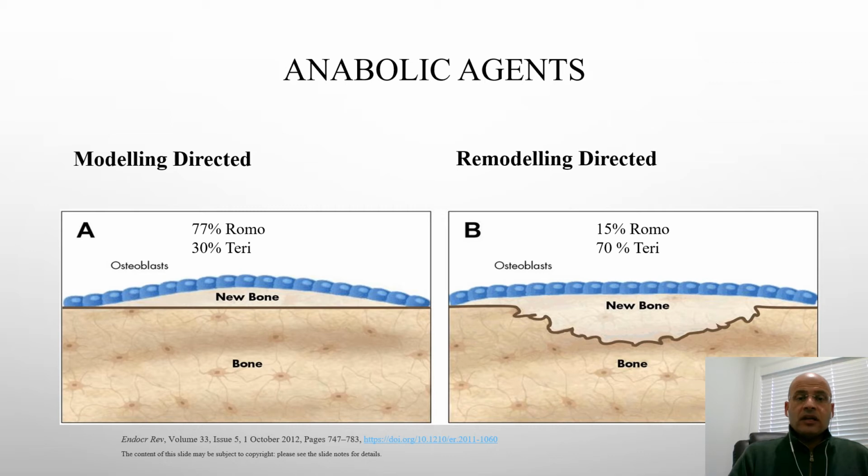Romosozumab, on the other hand, actually works on the quiescent bones. This one has no resorption cavity, and 70% of the bone gained with romosozumab is in the quiescent bones, while 30% of the bone gained with teriparatide works in the quiescent bones.